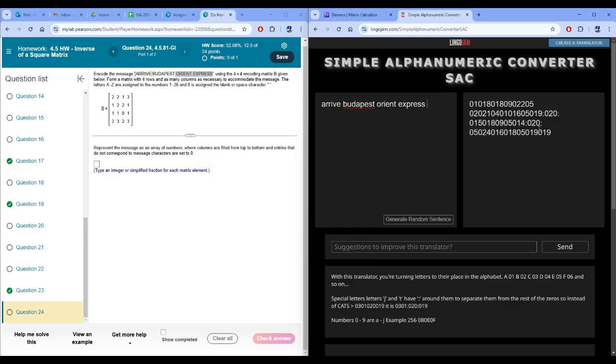1, 2, 3, 4. Special characters like J and T have blanks around them to separate them from the rest of the zeros.